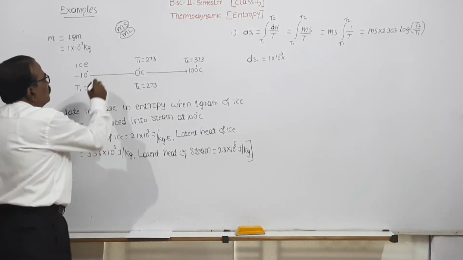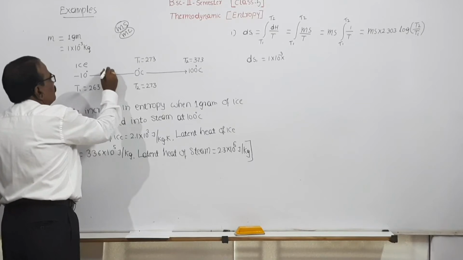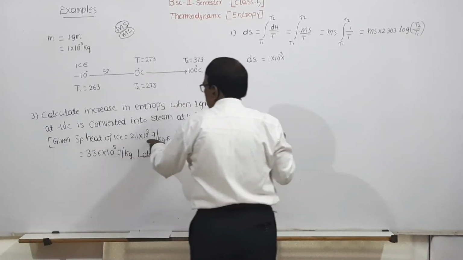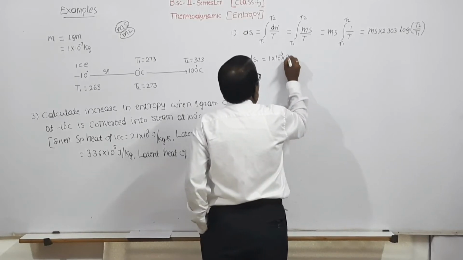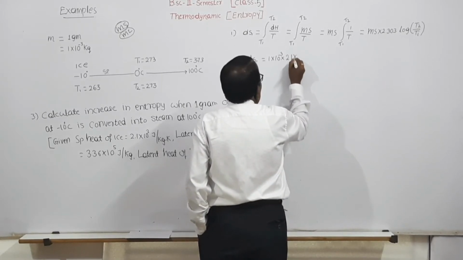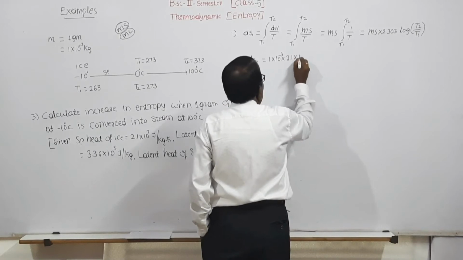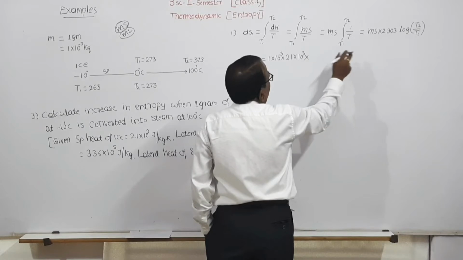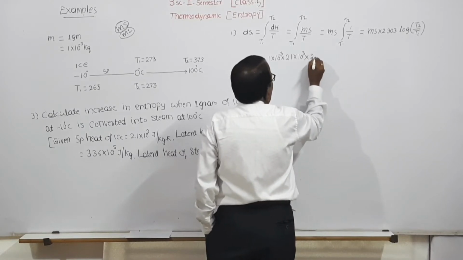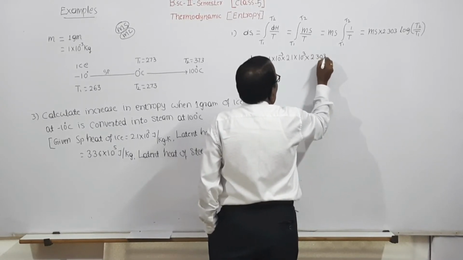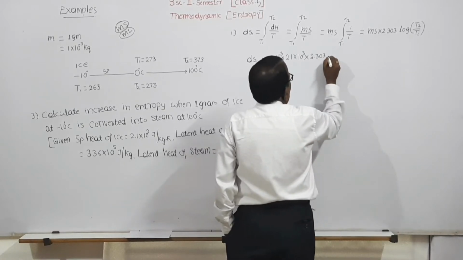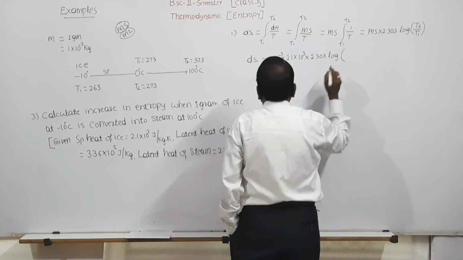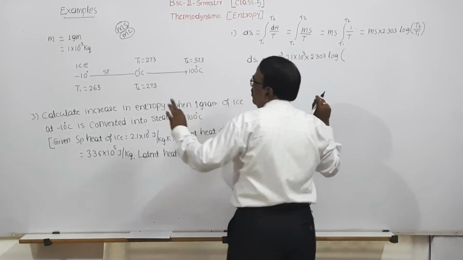From here to here you have to consider the specific heat of ice, into 2.303 into log of T2 by T1.